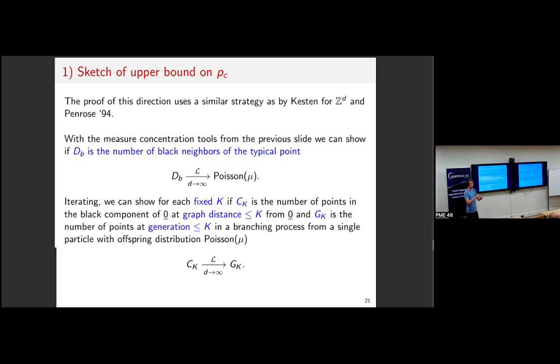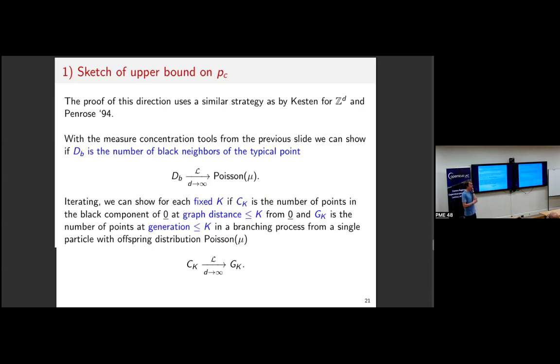The independent analog would be a branching process in some tree where the connections are completely independent by definition. You just ask how many points are at generation less than k, or exactly generation k, it doesn't matter. Then the number of points in our Voronoi or Gabriel model will converge in distribution to the analog where the connections are completely independent.